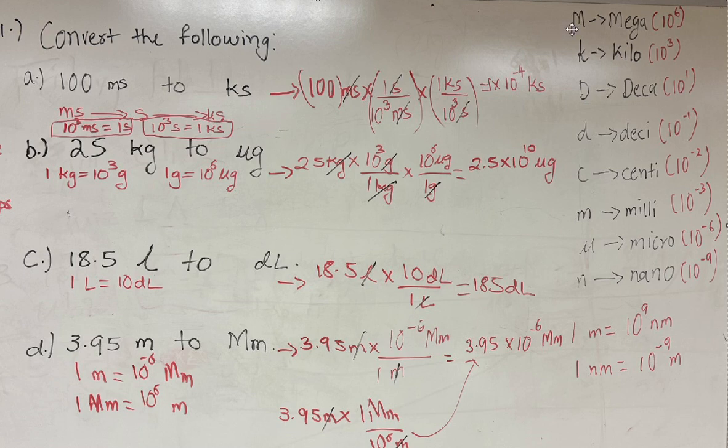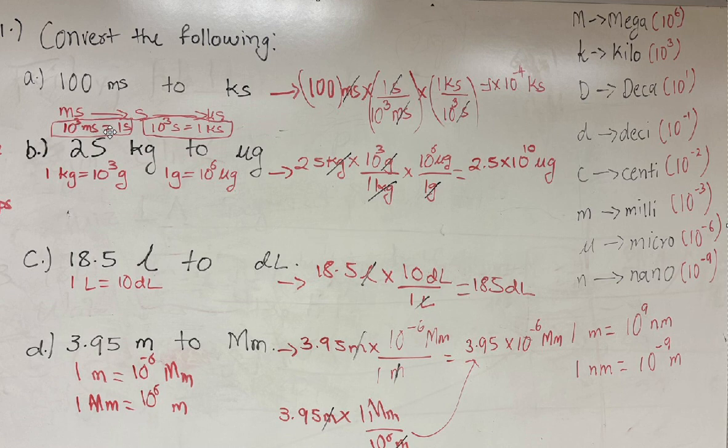When we say mega means 10 to the 6, we are asking in relation to what? Well, in relation to the one without any prefix. So 1 megasecond would be 10 to the 6 seconds. 1 megagram would be 10 to the 6 grams, for example. Right? So 10 to the 3 milliseconds is equal to 1 second.